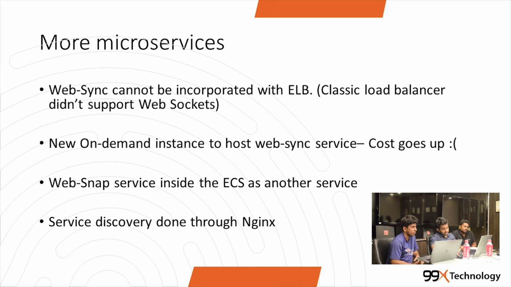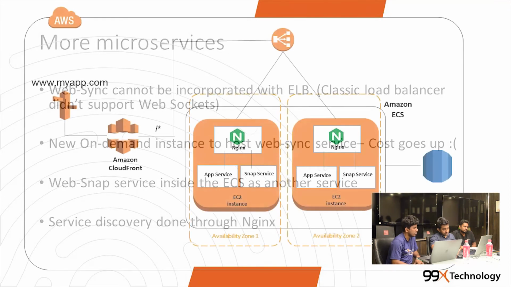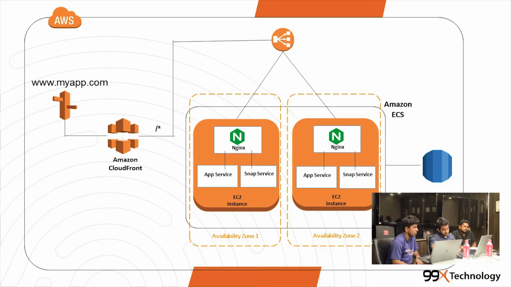Let me go to the architecture. You can see we have the app service running here, as you have previously seen, and we have our snap service running here. So now we have two microservices in our ECS, the Elastic Container Service.